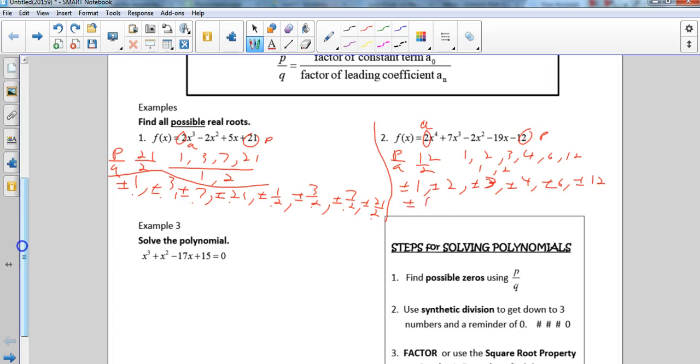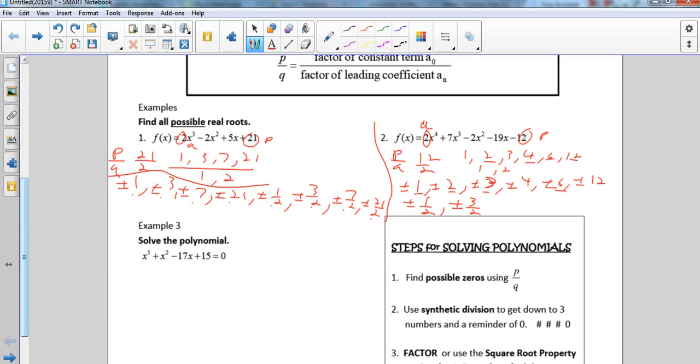Plus or minus 1 divided by 2. Now, plus or minus 2 divided by 2 is 1, which we already have. So we save time, and we go to 3 divided by 2. And then 4 divided by 2, we already have. And 6 divided by 2, we already have. And 12 divided by 2, we already have.